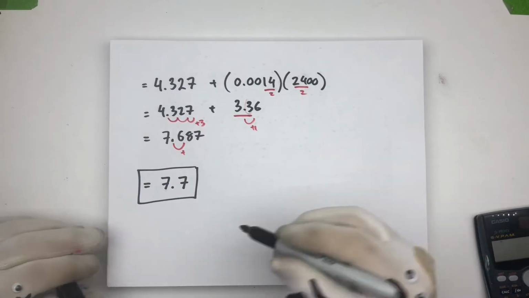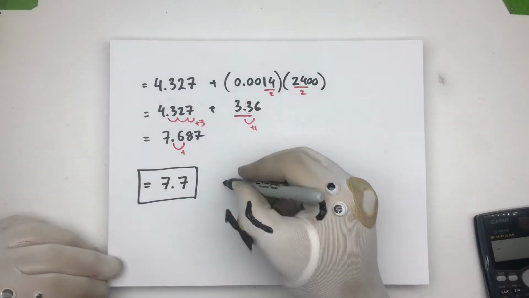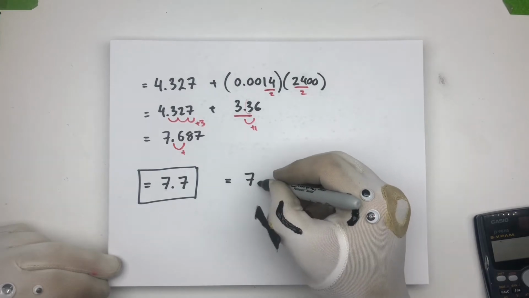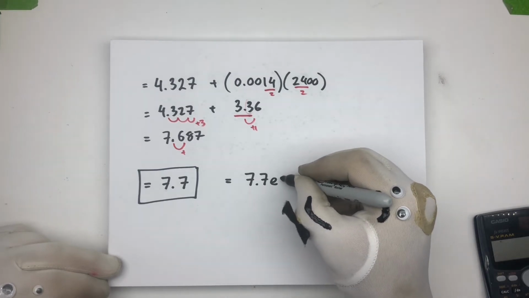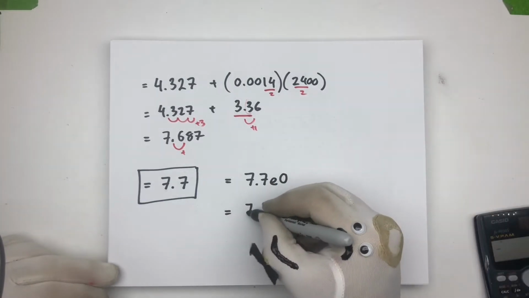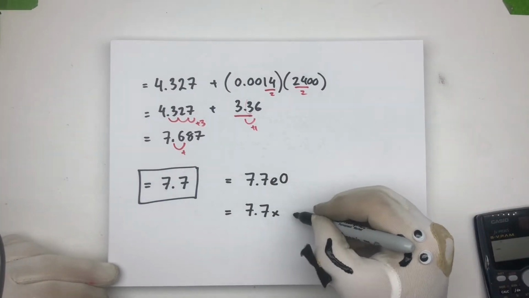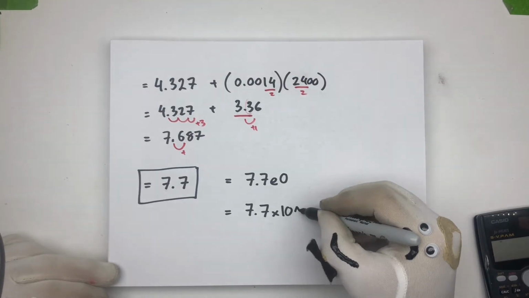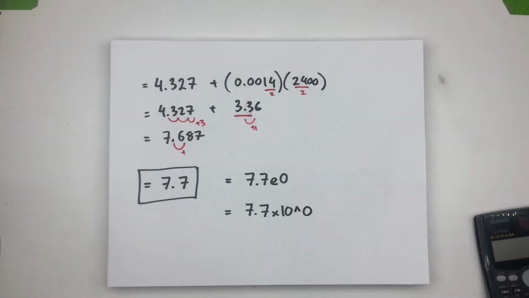Now, in Blackboard, you have to write this number in scientific notation, and so it'd be 7.7 e to the 0. Or what I don't recommend doing, because I've had some issues, some people were talking about putting a space in there, and unfortunately, my program is not suitable enough yet to find these spaces.